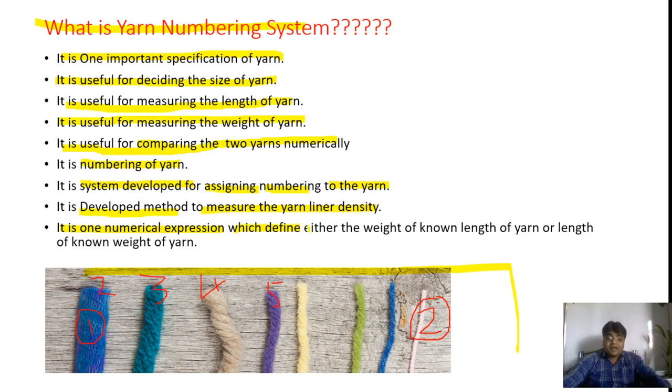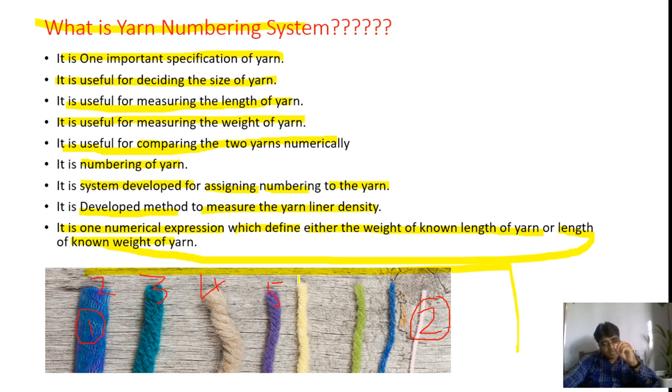It defines either the weight of a known length of yarn, or it defines the length of yarn. So two possibilities are there in the case of a yarn numbering system.